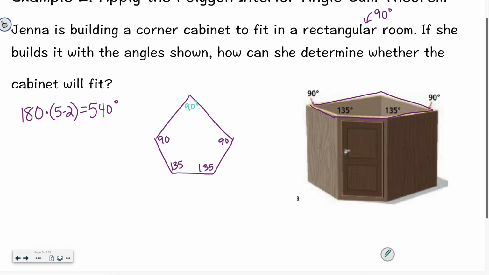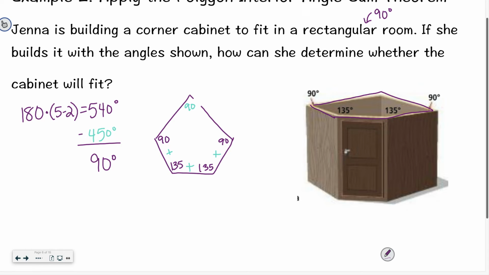And then if I do 90 plus 135 plus 135 plus 90, I end up with 450 degrees. So when I subtract those two, I should figure out what the remaining angle measure is. So 540 minus 450 gives me 90 degrees. So that means that this is 90 degrees.